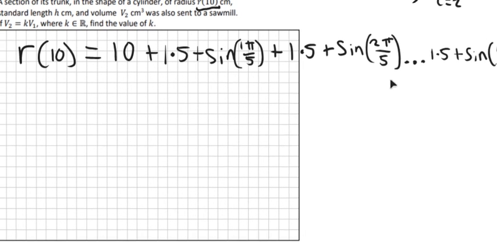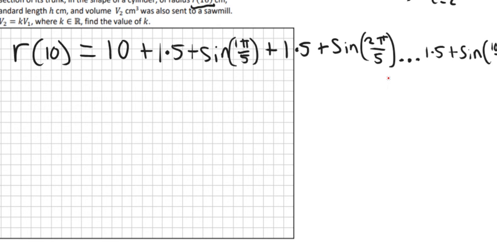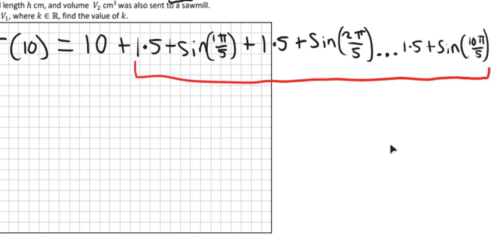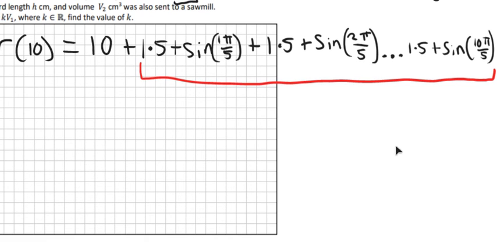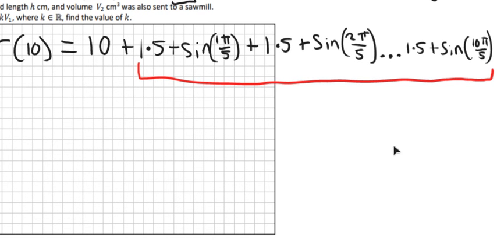So realistically then, there's a quicker way of doing this. If you think about all the way up to 10, think about how many 1.5s you're going to have. You're going to have 1, 2, 3, 4, 5, 6, 7, 8, 9, 10. The last one will be that last one there. So there's going to be 10 times 1.5.